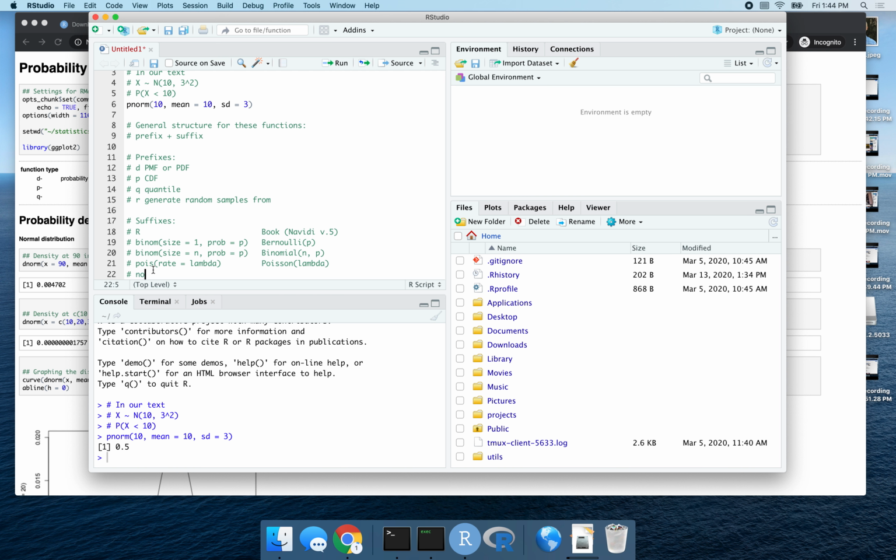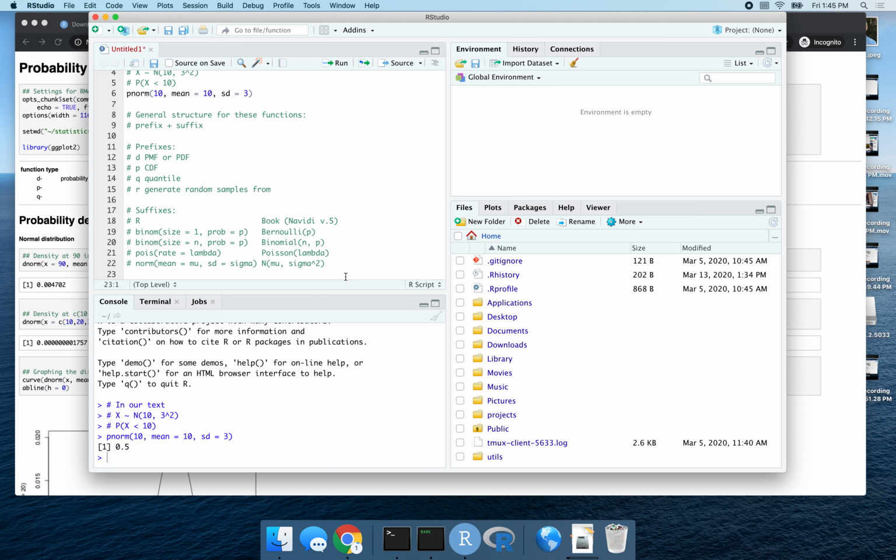So norm, with mean equals mu, sd equals sigma. This is normal mu sigma squared. So note the difference in parameterization. R just takes sigma, but our book uses sigma squared. In general, some other distributions like the gamma can have a different parameterization, and if so, you need to be careful, make sure you have the right one.